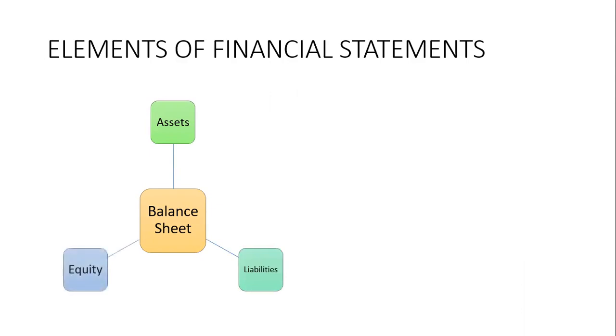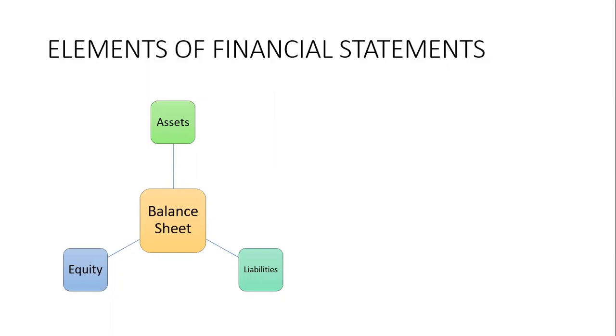The elements of financial statements, once again. The first two discussions: the balance sheet is composed of assets, liabilities, and equity. Remember, these three, assets, liabilities, and equity, are three of the five elements of financial statements.